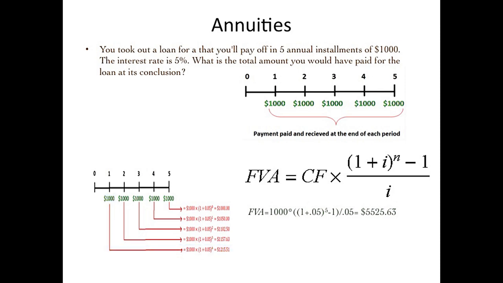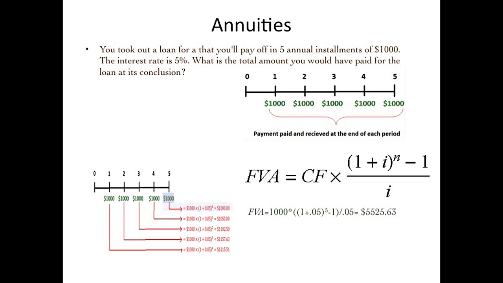Take the $1,000 payment that occurs at time 2, move it 3 periods to time 5. Do the same for the $1,000 that occurs at time 3, move it 2 periods to time 5. Take the $1,000 that occurs at time 4, move it 1 period to time 5. And finally, the $1,000 occurring at time 5 stays the same. It doesn't change in value at time 5.